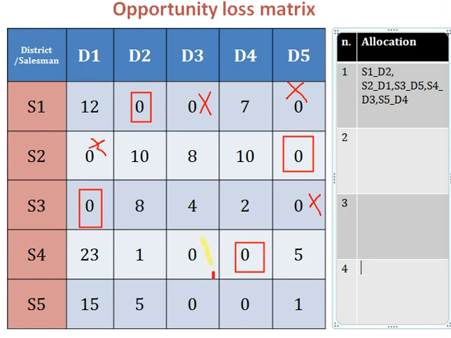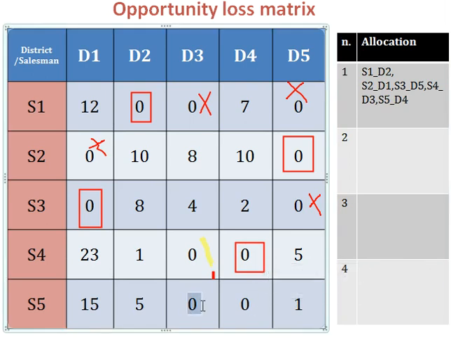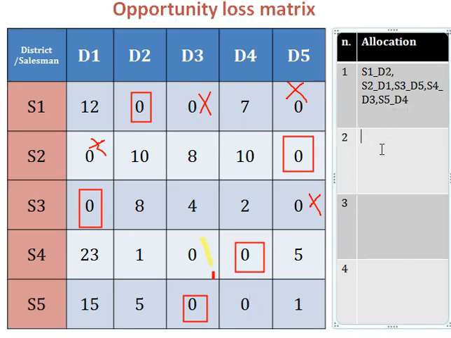Now the next possible allocation that we have is this one. Since this zero is cancelled out, we are left with only this zero. So this is another possible answer that we have obtained from different combinations.